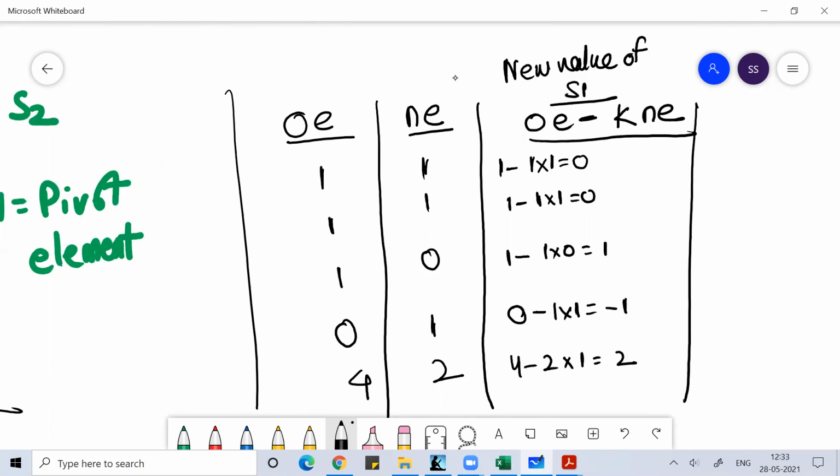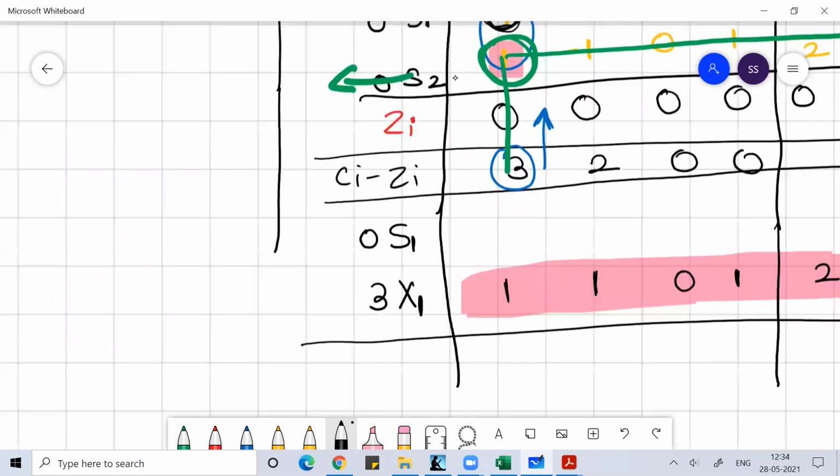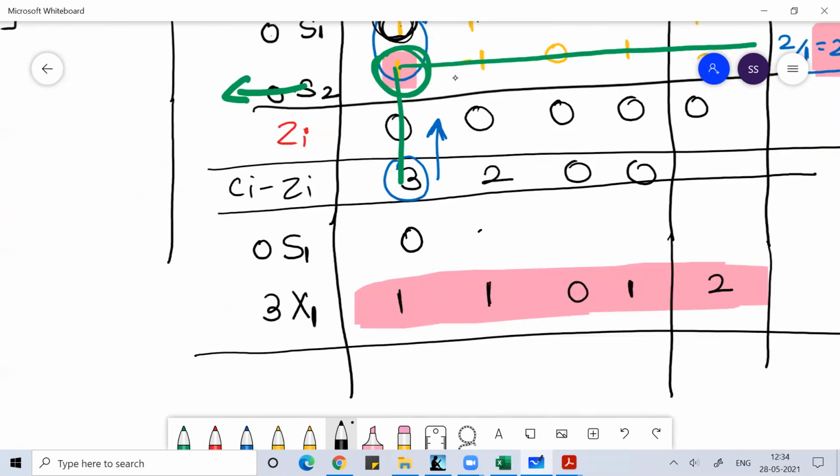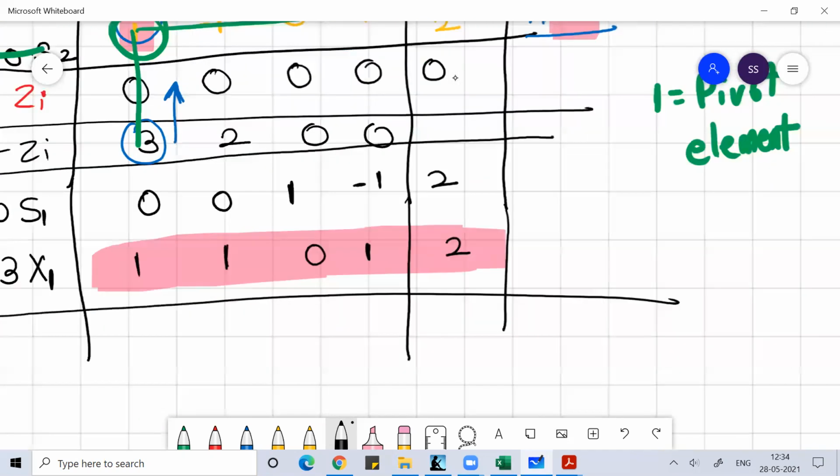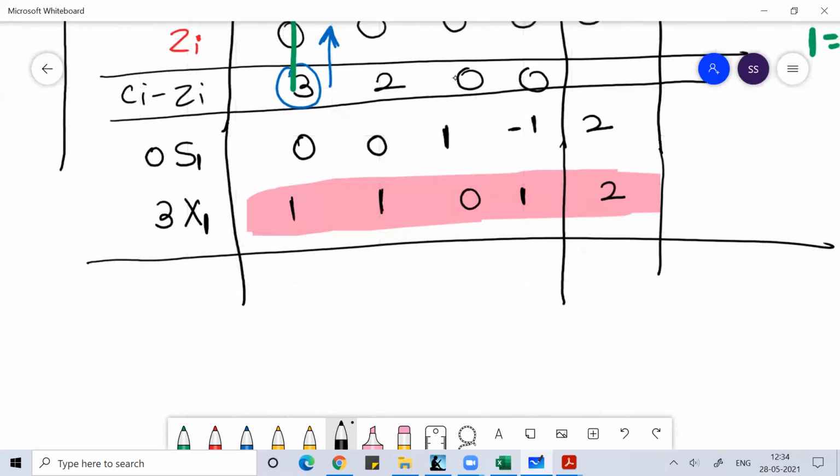So the new value of S1 will be 0, 0, 0, 1, minus 1, 2. Now this gives you the value of S1. Once you get this, you again find the Zi.